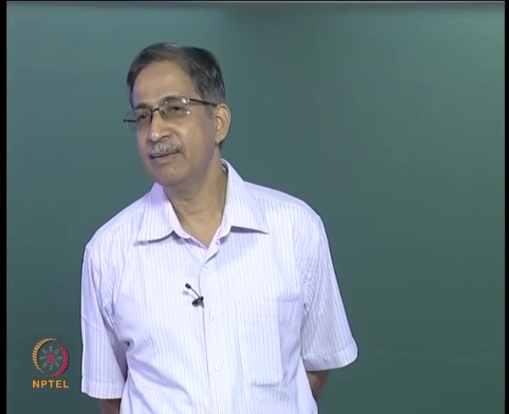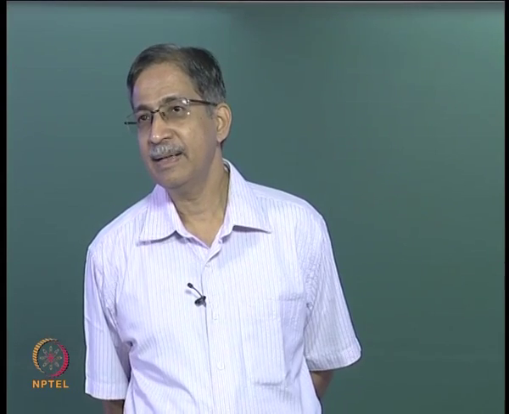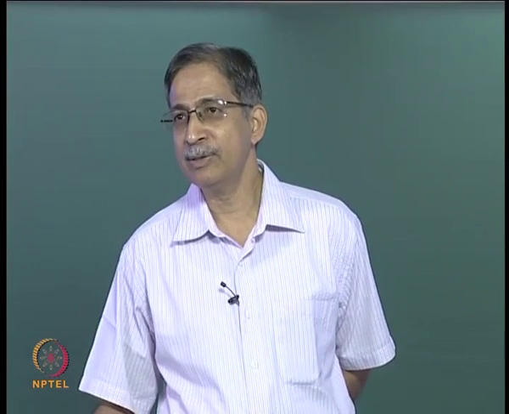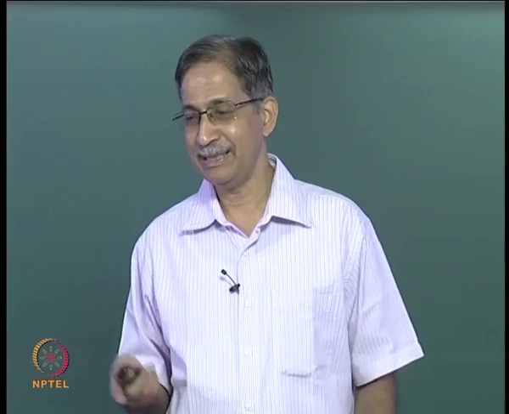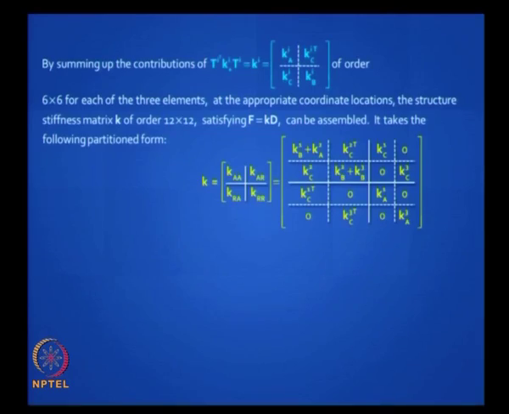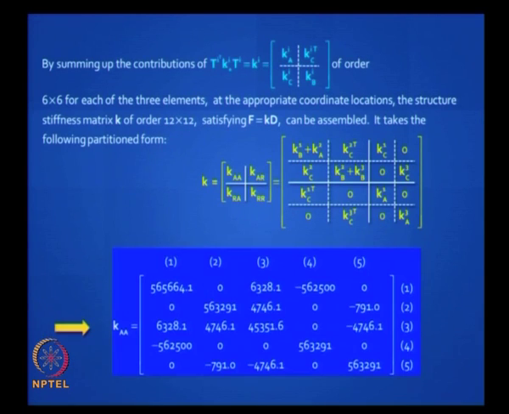And for the third element also, because our start node is at D, the last row and the last column will become 0. Can I proceed? You need to go through the book and see this example in greater detail. I am just repeating because we can't possibly solve these matrices in class, you need to solve them by yourself. Then we have to assemble the structure stiffness matrix exactly the way we did in the last class. I have explained this earlier.